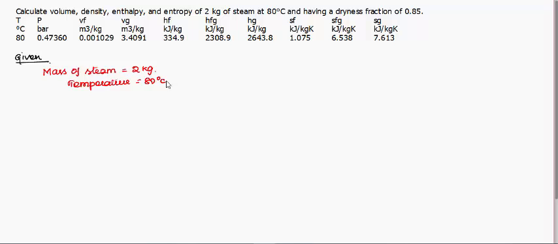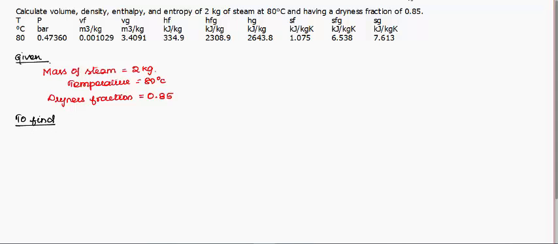Next, dryness fraction of 0.85, that is the quality of steam. This value of 0.85 indicates wet steam. So you have to calculate the steam properties for the wet steam condition only.